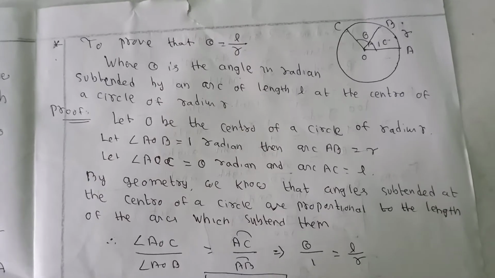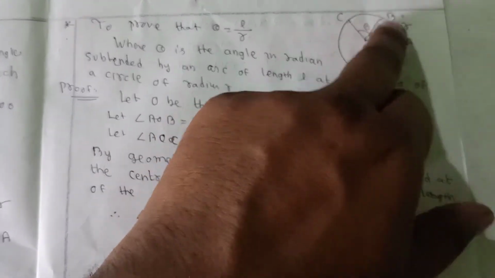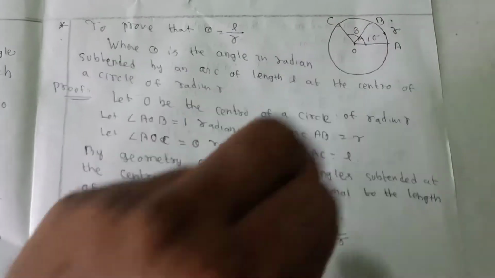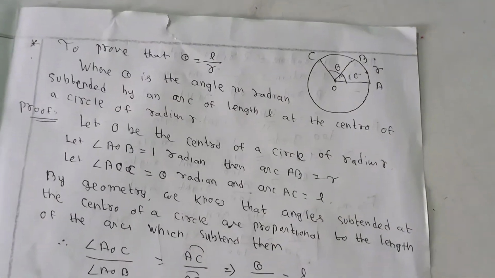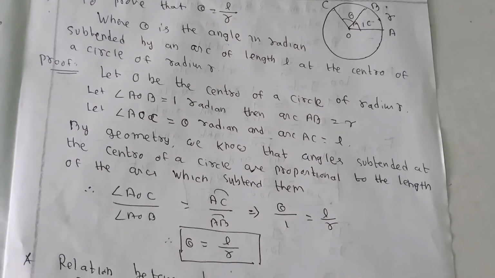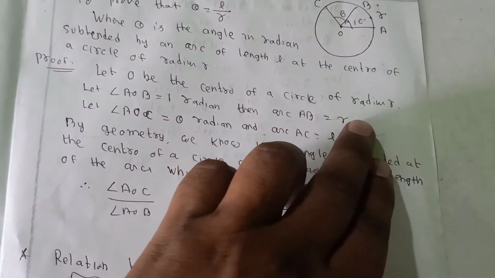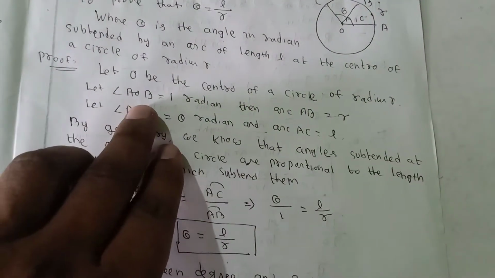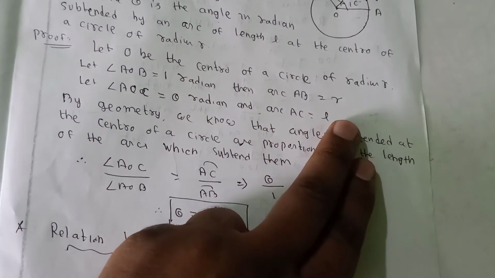Next, to prove that theta equals L by r, where theta is the angle in radians subtended by arc AC of length L at the center of a circle of radius r. Let O be the center of a circle of radius r, and angle AOB equals 1 radian, then arc AB equals r.